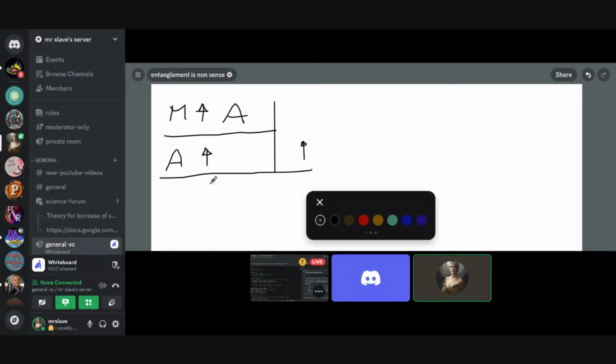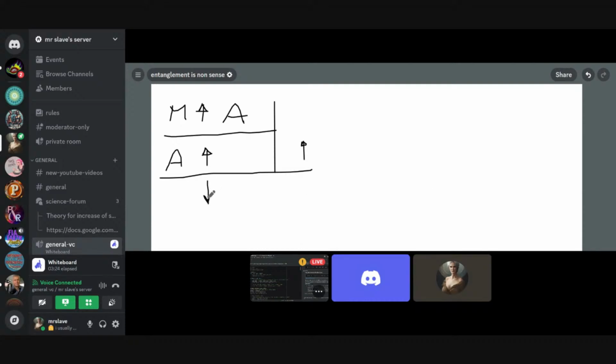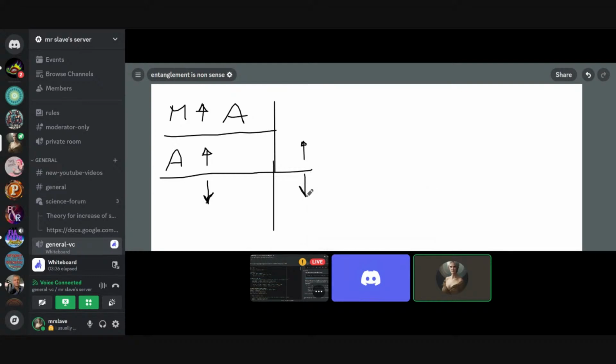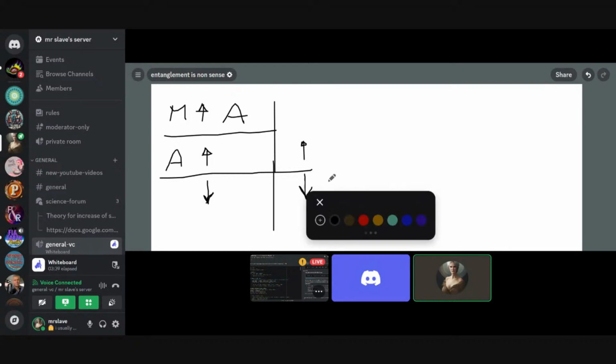If A is down and the magnetic field is up, then this is going to be no, because we're asking: is it up? This is the question: is A pointing up? If yes, it's yes. If it's pointing down, then it's no, obviously.